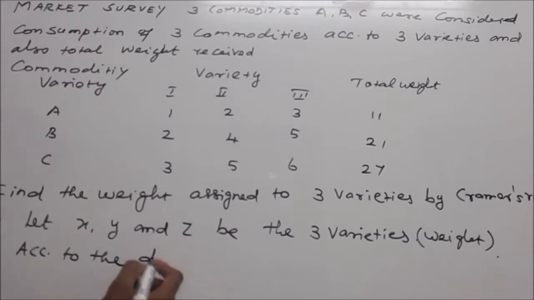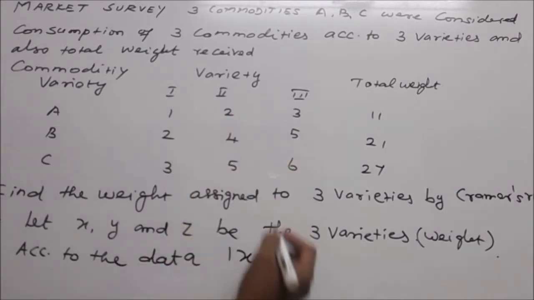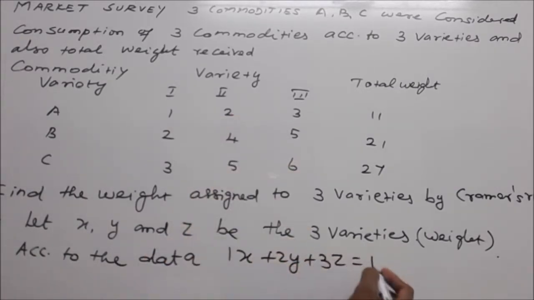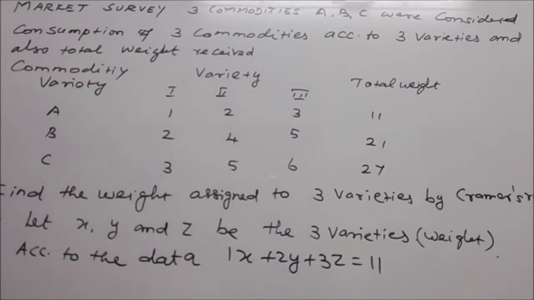According to the data, the first equation will be 1x plus 2y plus 3z equal to 11. The total consumption given is 11. Therefore, the total value is equal to 11. This is equation number 1.